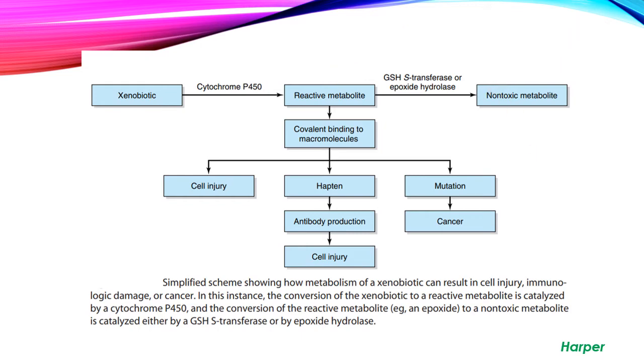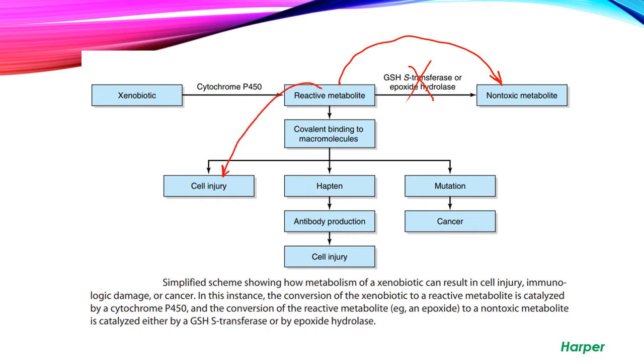So supposedly if GSH transferase or epoxide hydrolase is not available, means if these are defective, mutated or missing, or even any other enzyme of phase 2 is missing, then reactive metabolites cannot be converted into their non-toxic forms. So these reactive metabolites would all be available to trigger cellular injury. How?